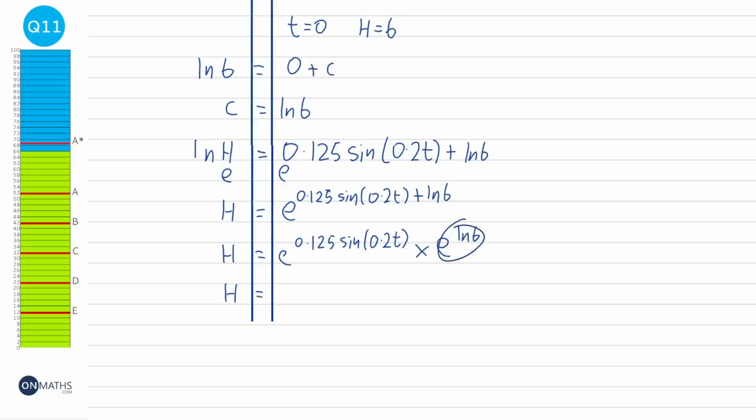And e ln 6 is just going to be 6, so it's times 6, or we can put the 6 at the front, so 6e 0.125 sine 0.2t.